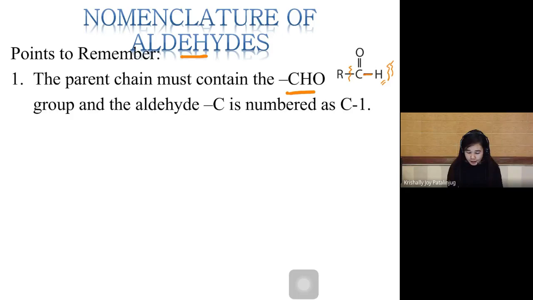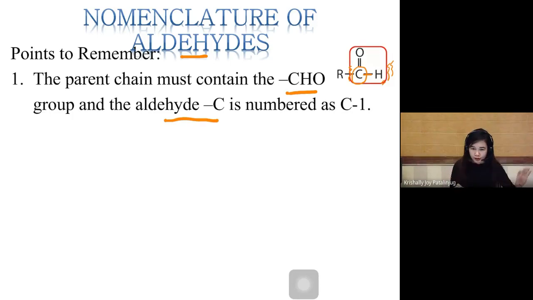After you find the longest carbon chain containing the aldehyde, automatically the aldehyde carbon, the carbon double bonded to oxygen, is always numbered as carbon 1. So no problem.